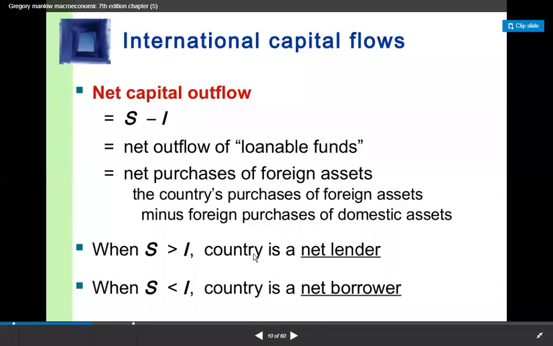So country will be a net lender. When supply is less than demand, in this case Pakistan is borrowing more than the lending, country will be a net borrower.